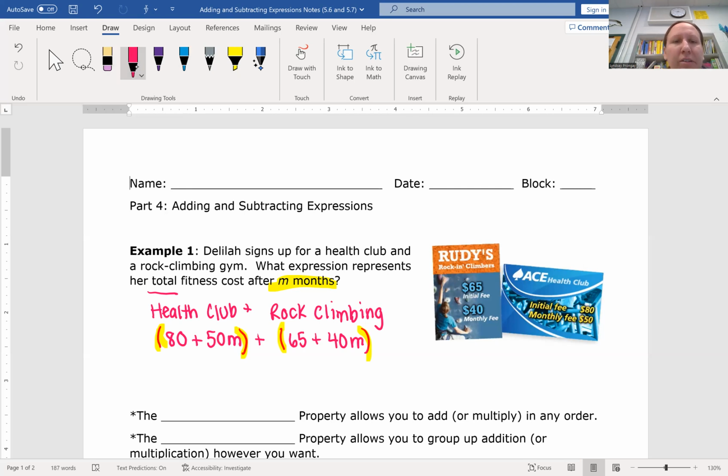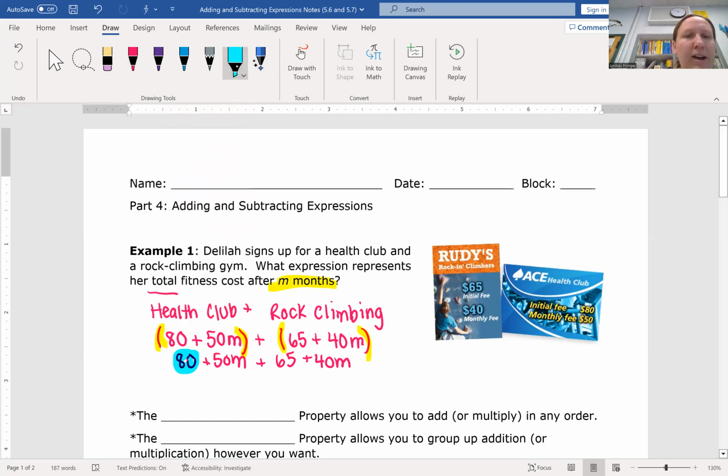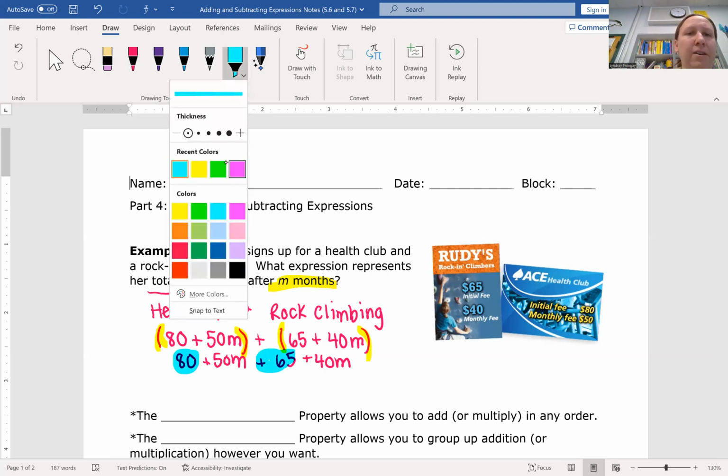So really it's just 80 plus 50M plus 65 plus 40M. And essentially this is just a question where we're combining together our like terms. So we're allowed to put together, I'm going to use some blue here, our constants, which are 80 and a plus 65.